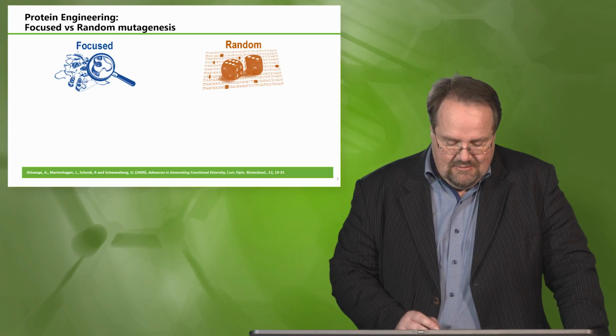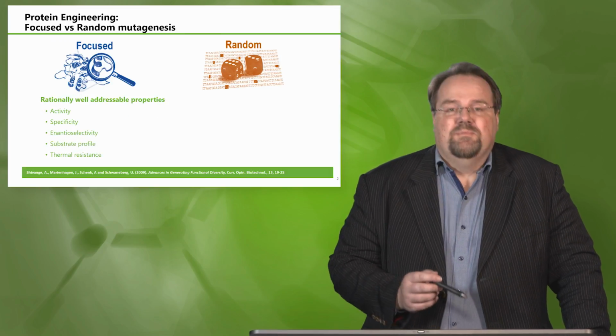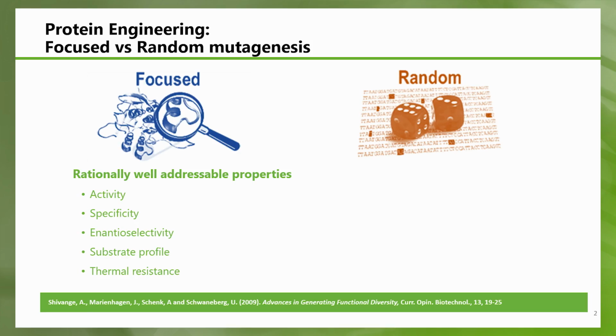We can use them for properties that you can term as localized in a protein structure. So you have an active site, and everything that is close to the active site has to do with activity, selectivity, substrate profile. These are properties that can be tackled in a straightforward manner with computationally assisted methods. And also thermal resistance is quite well understood.